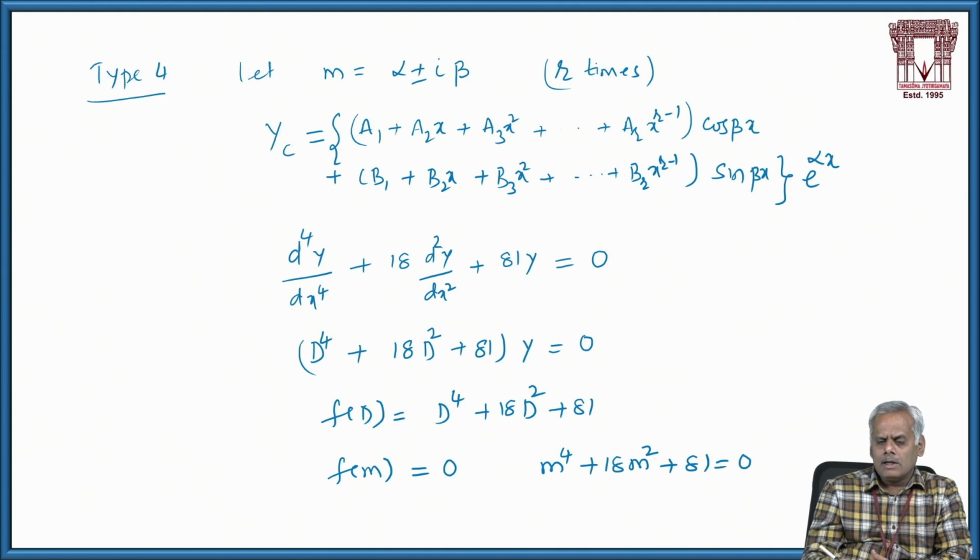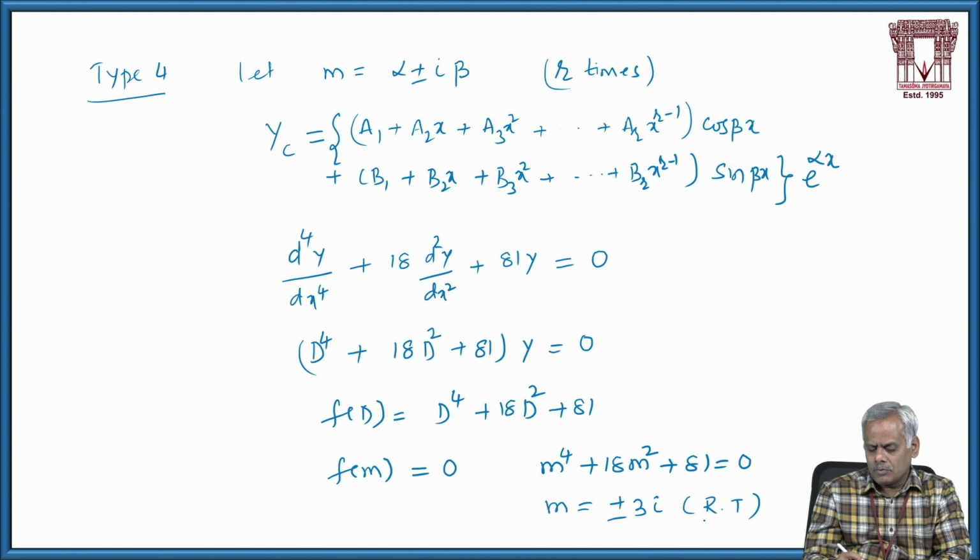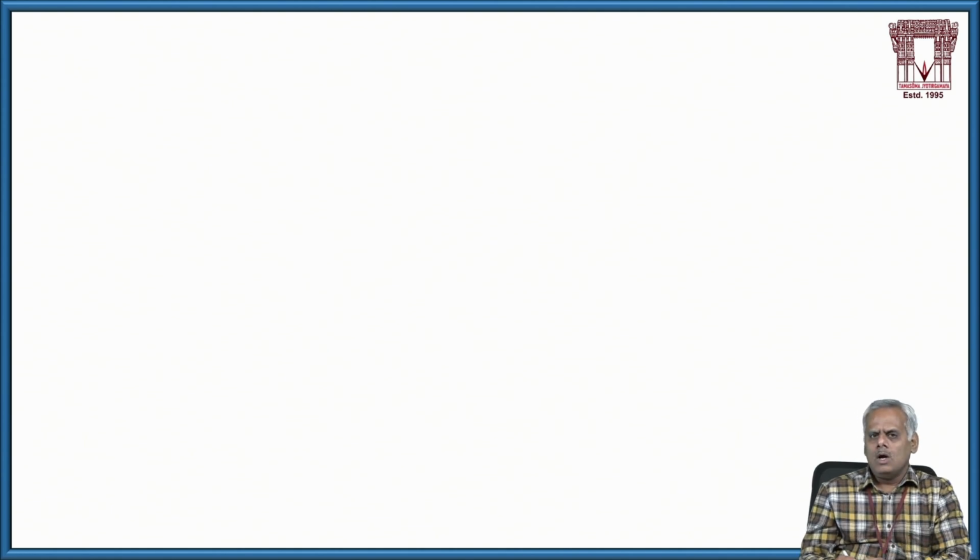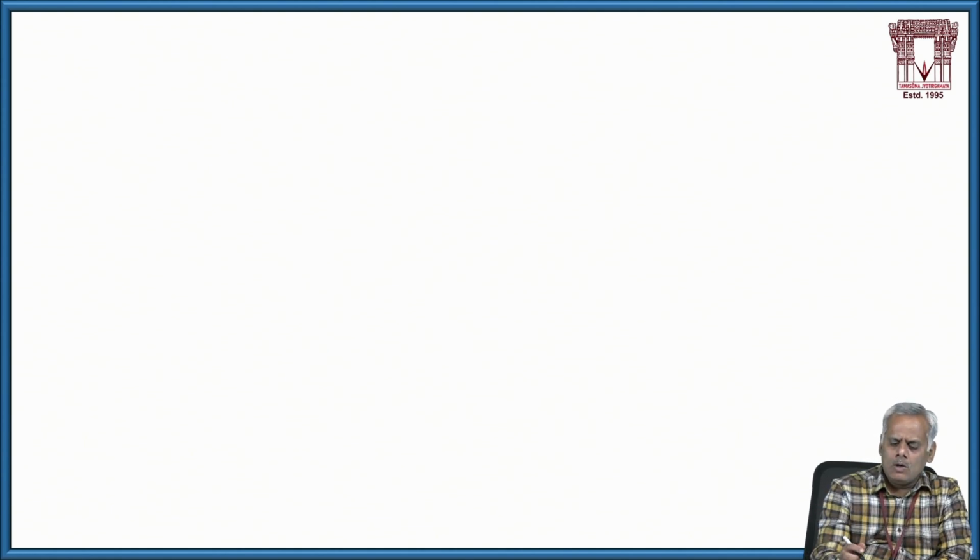Now this is a biquadratic equation in m, or a polynomial equation of degree 4 in m, and its four roots are m = ±3i repeated twice. That is, complex conjugate roots repeated twice with real part alpha equal to 0 and imaginary part beta equal to 3.